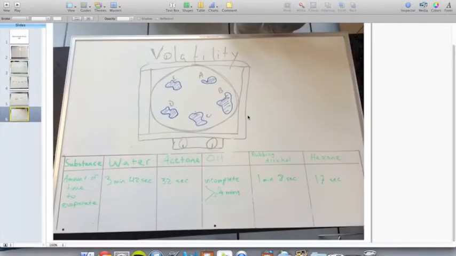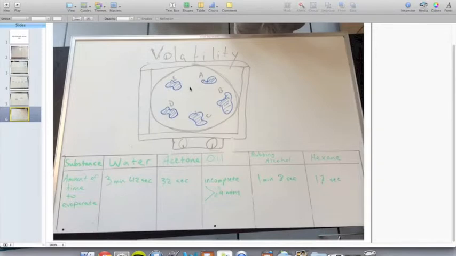Lastly, we tested for volatility, or in other words, how willing a substance is to evaporate. What we did was we placed a piece of tin foil over the Bunsen burner, or over the hot plate, and we placed a couple drops of each substance onto the aluminum foil, and we turned on the hot plate.